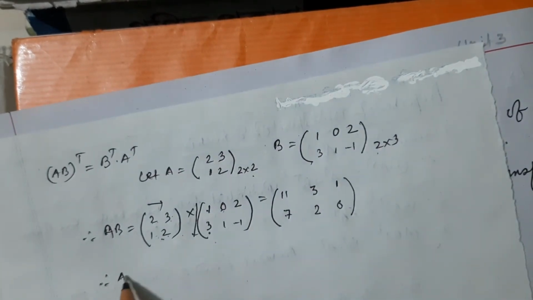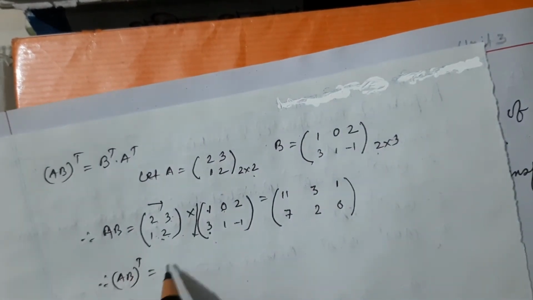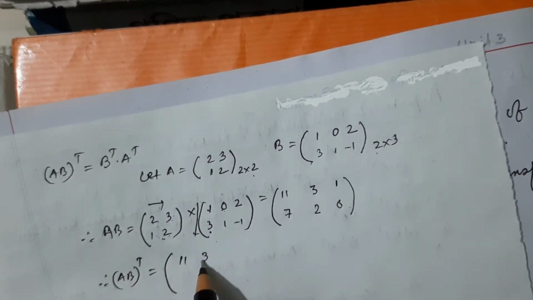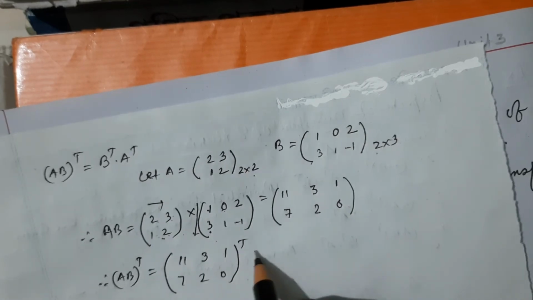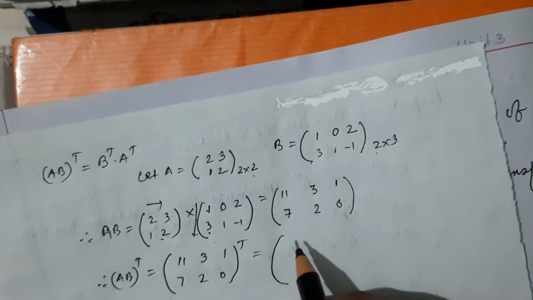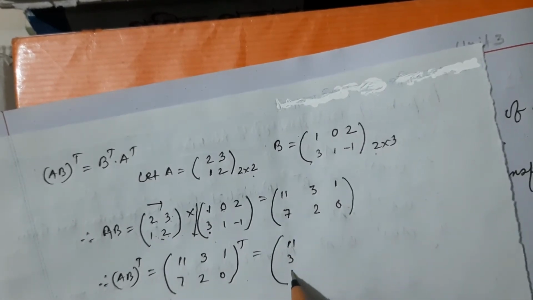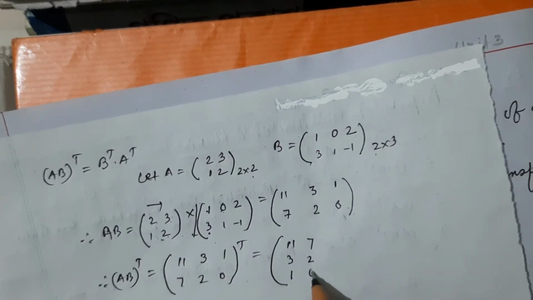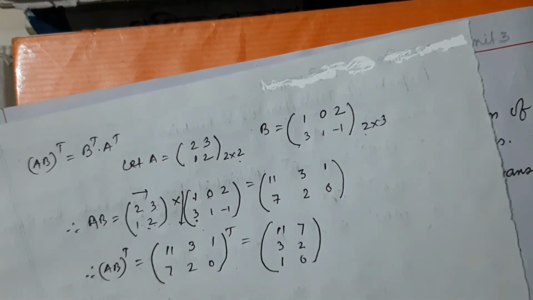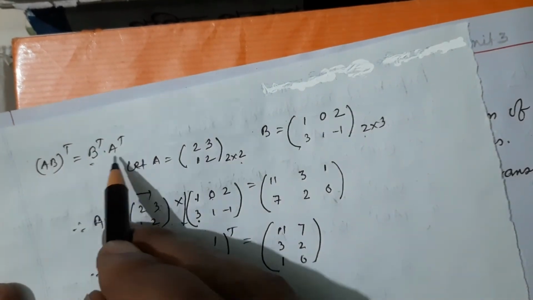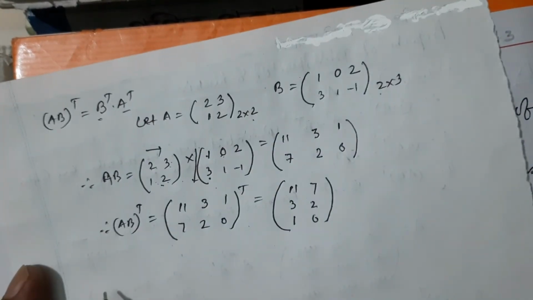Therefore (AB) whole transpose is equal to [11 3; 1 7; 2 0] whole transpose. Transpose can be done by just interchanging rows into columns. Now we have to prove B transpose into A transpose. B is equal to this.